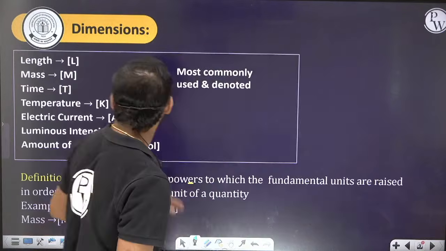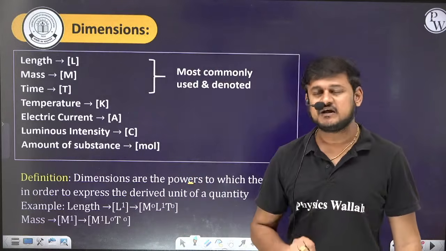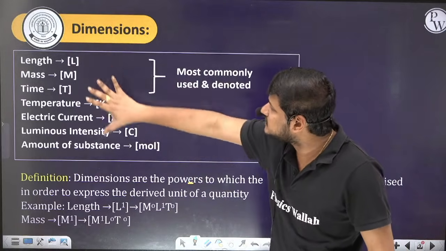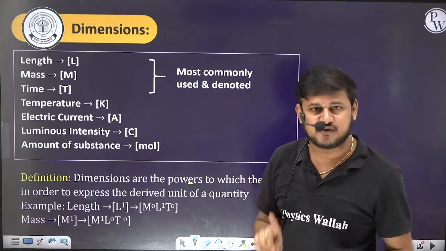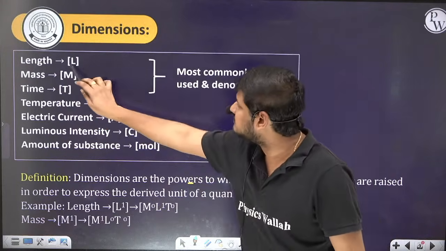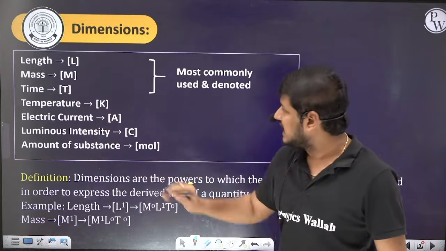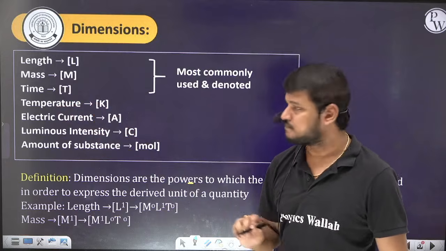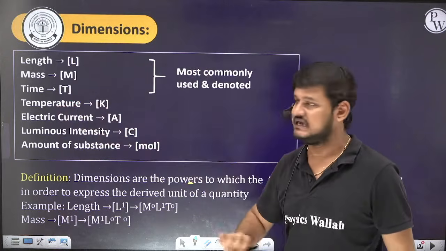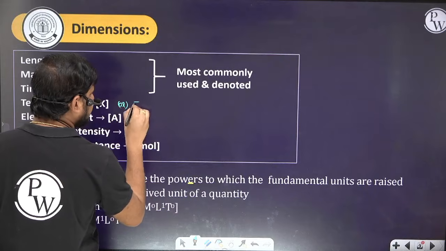See here. As I said earlier, for all the fundamental physical quantities we are using standardized dimensions from now onwards. Whenever length comes, we use the dimension L, mass M, and time T. Temperature K; sometimes they also use theta.